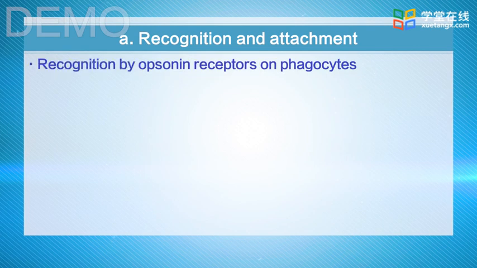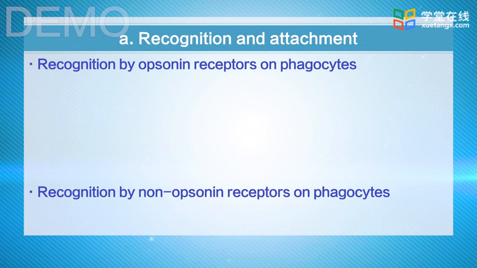The first step of phagocytosis is recognition and attachment. This step depends on specific surface receptors of the phagocytes. There are two ways for phagocytes to recognize and bind particles. One is recognition by opsonin receptors. The other is by non-opsonin receptors.